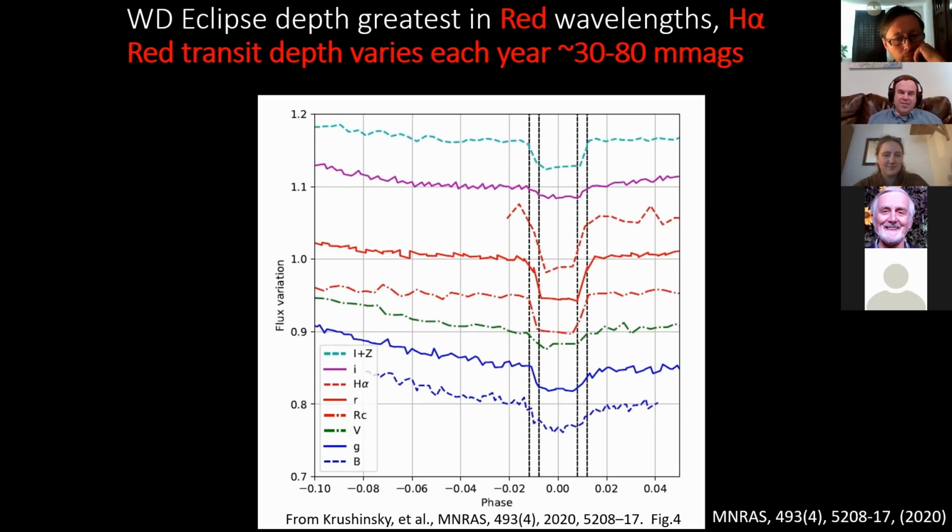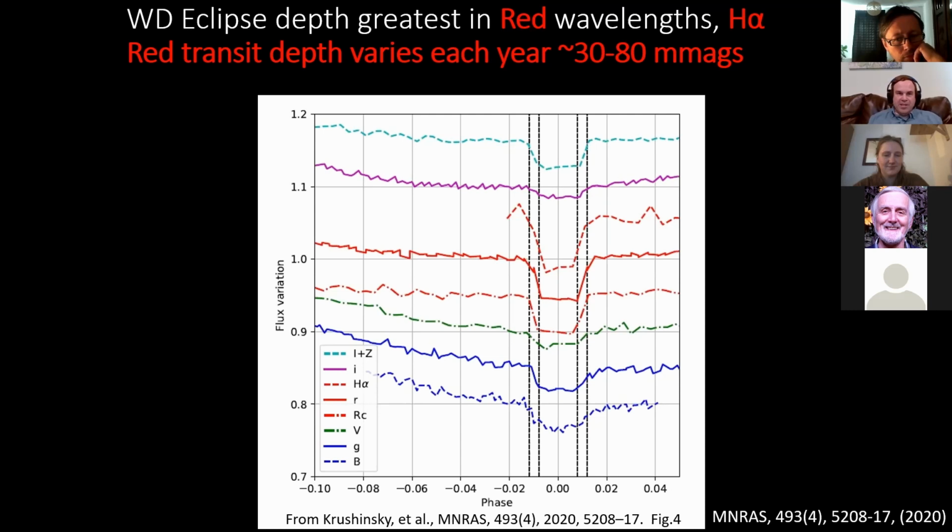And so you have different transit depths. For a white dwarf main sequence, the blue transits are deeper because the white dwarf is bluer, and when you go into near infrared, the transits get shallower. That's what you expect to see.